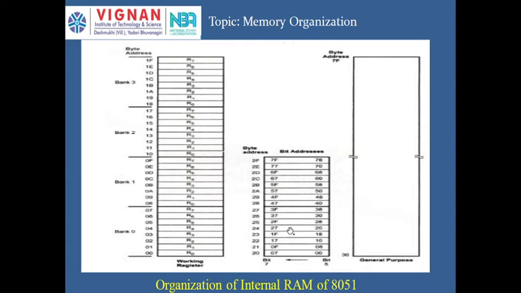The 8051 provides 16 bytes of bit addressable area. Here 32, next 16, almost 48. It occupies RAM byte addresses from 20H to 2FH, forming a total of 128 bits, each consisting of 8 addressable bits.